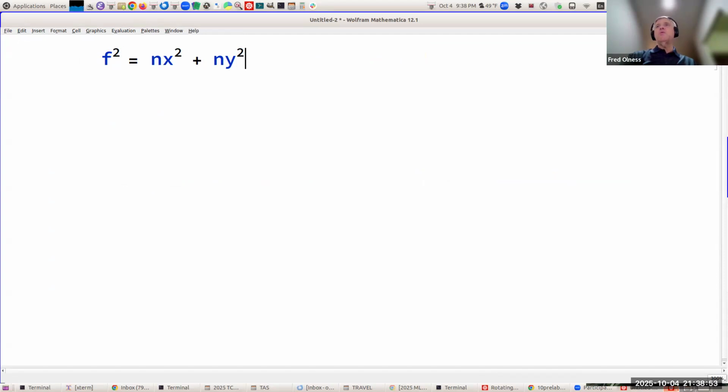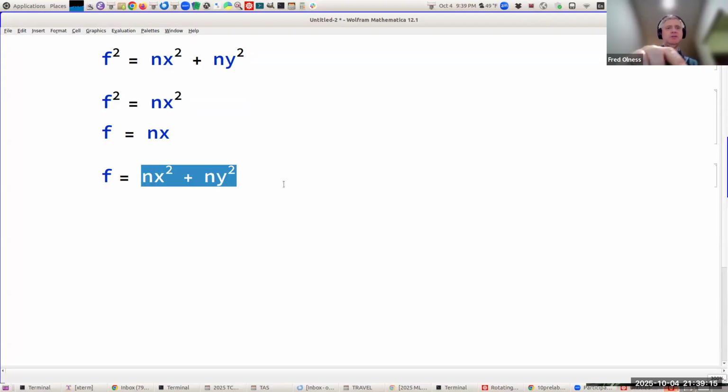For a one-dimensional system, it was very easy. There was only the nx direction, and what that meant was the frequency was equal to nx because we could take the square root of both sides. In this case, I can't do that when I want to calculate the frequency.